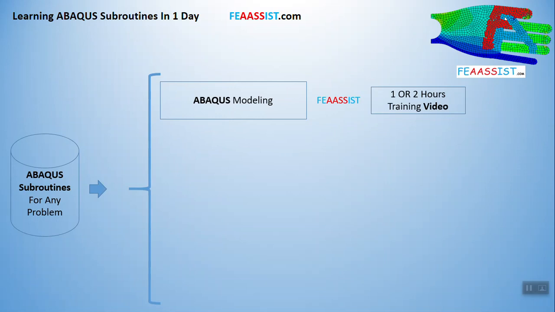We will capture a 1 or 2 hour training video to teach you how you can model your problem in Abacus without a subroutine. It doesn't actually need you to know every aspect of Abacus.